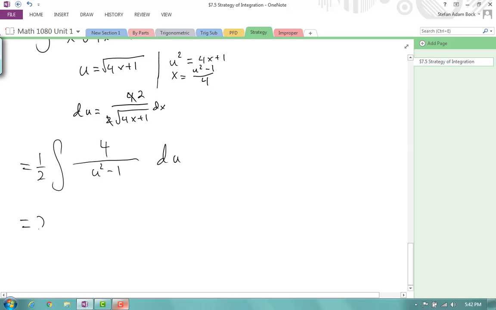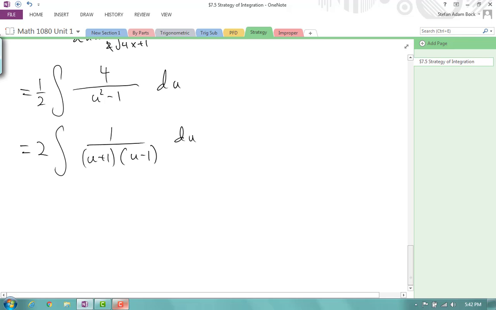So this is now 2, because the 4 comes out, 1 over (u plus 1) times (u minus 1) du. So that should be equal to a over u plus 1 plus b over u minus 1. So au minus a plus bu plus b would have to be equal to 1.